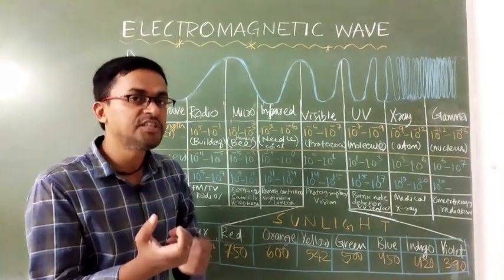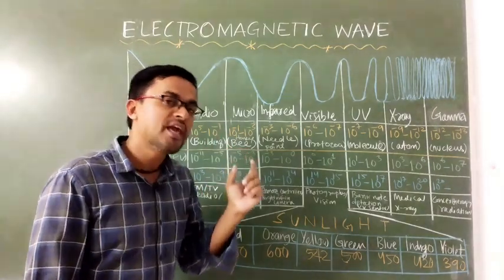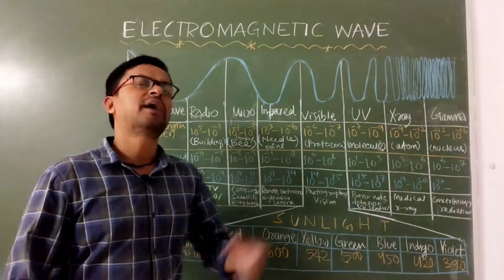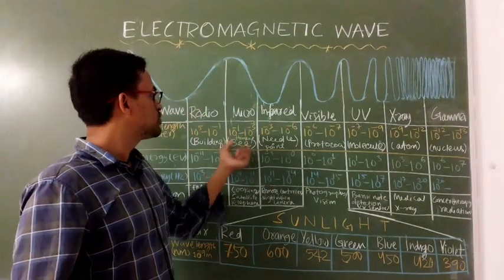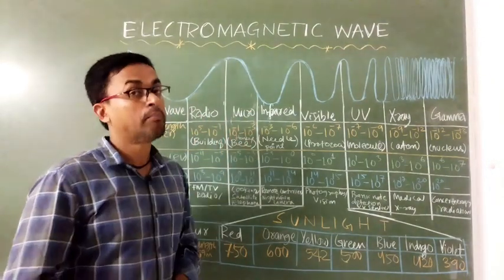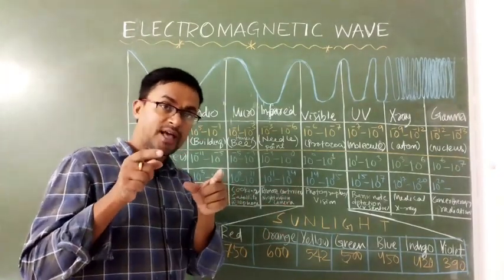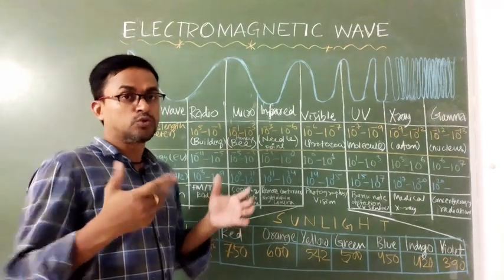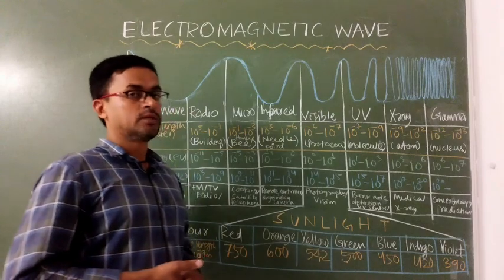If you take the average of this wavelength range, the length of the honey bee might come to a few centimeters, and this wavelength range comes under the microwave range. That means you can imagine a wave having a wavelength of the length of a honey bee, 2 centimeter, 3 centimeter like this. Then we come to the infrared.